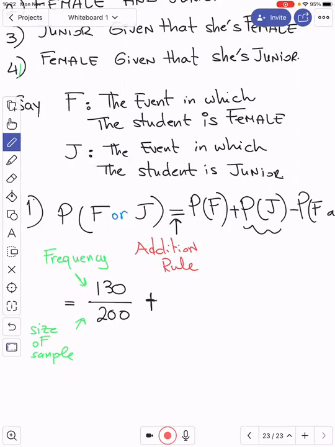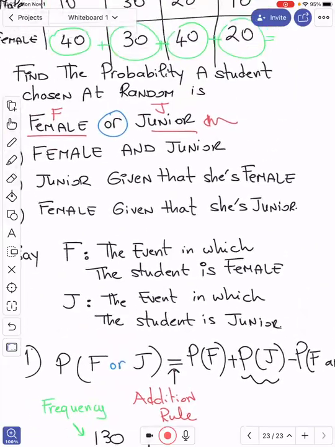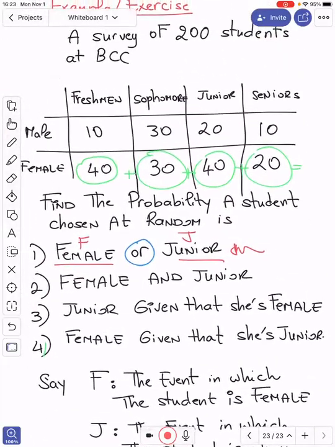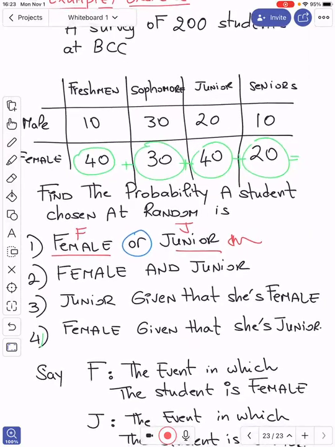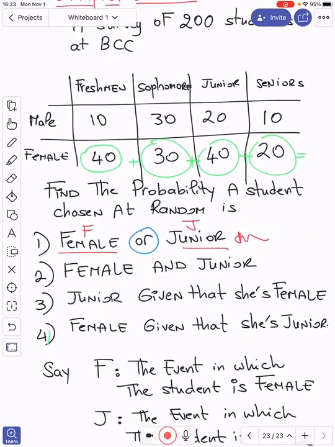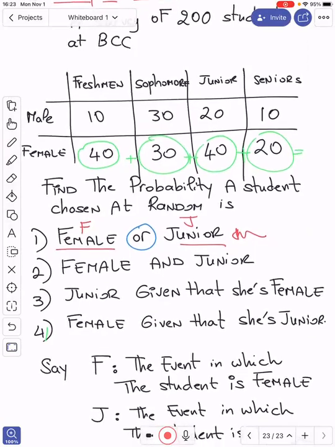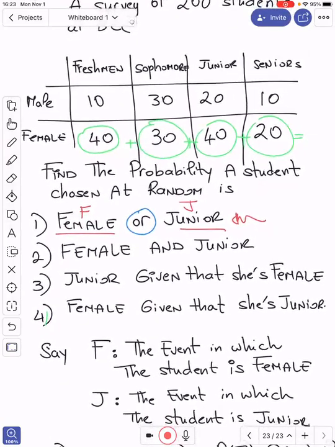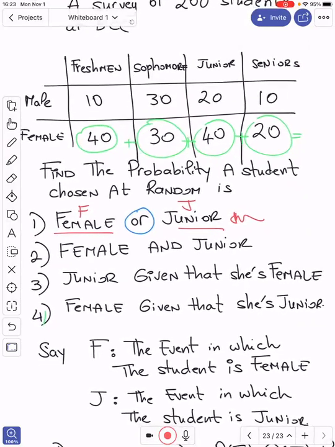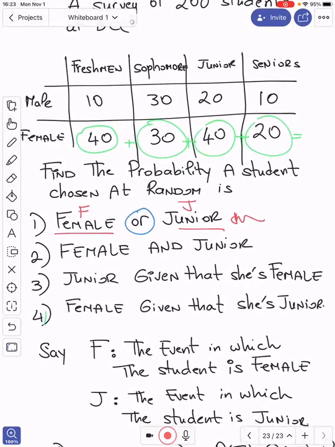Then we have the probability of being a junior. What's the frequency of the event of being junior? We count how many juniors in total. So how many juniors, any guess? 60, yes, thank you. We are not just interested in junior female, right? We are interested in all the juniors, male or female.